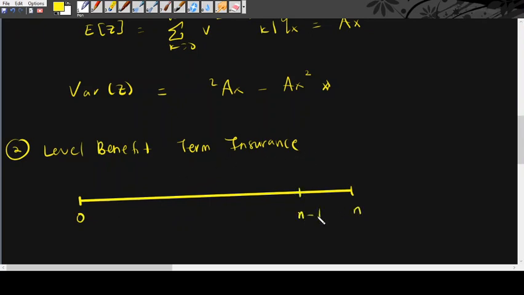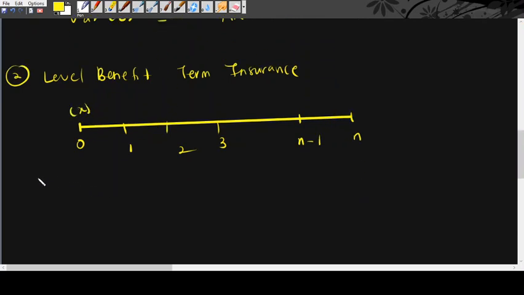So you are going to have year 1, year 2, year 3. This would be the entrance. So if you die somewhere here, $1 will be paid here. Die somewhere here, $1 will be paid here. Dies here, $1 will be paid here. Die somewhere here, $1 will be paid here.